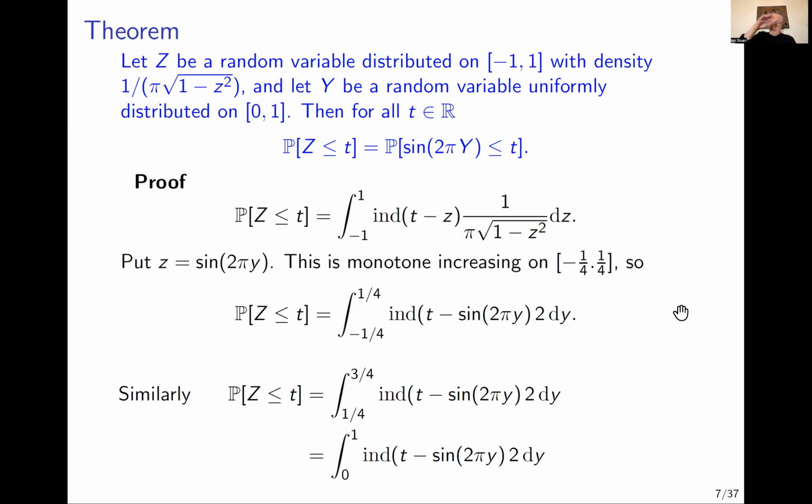So we got two results there, and the probability that z is less than or equal to t is equal to two integrals. You add them together, you get the integral from -1/4 to 3/4. That's the integral over a full period. The integrand is periodic, so we can make it the integral from 0 to 1, and that is the probability that sin(2π y) is less than or equal to t. So anyhow, that's how it goes.